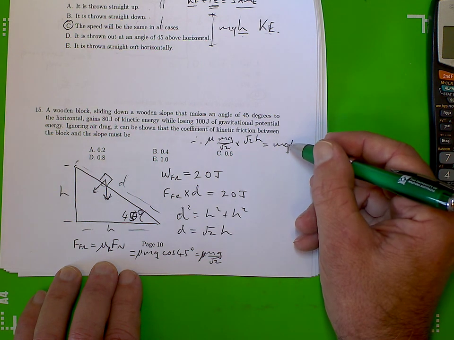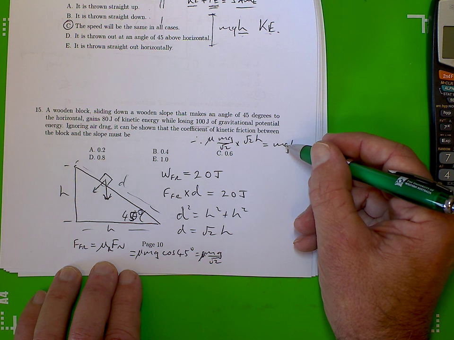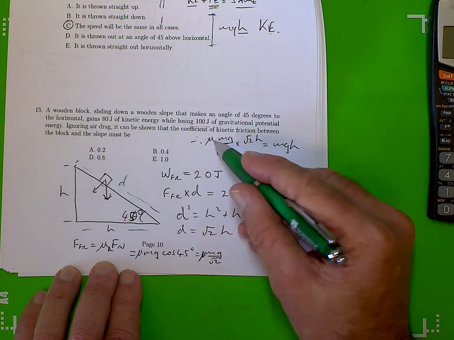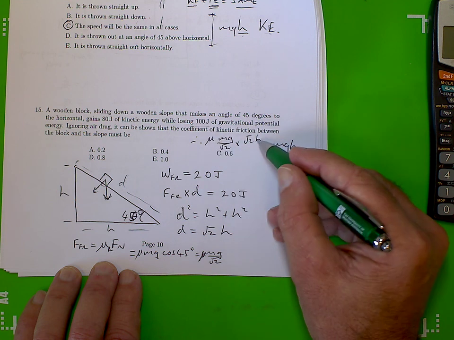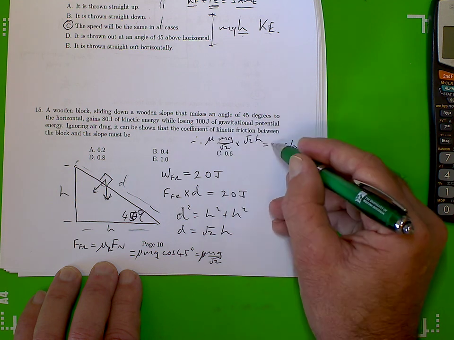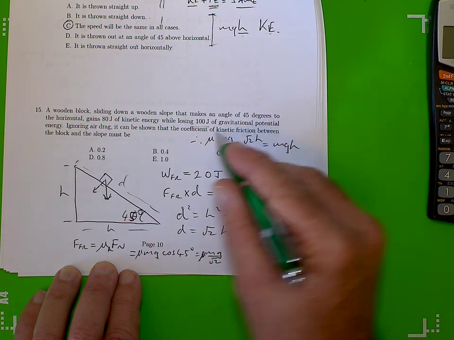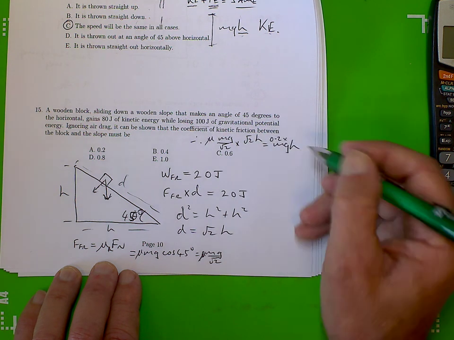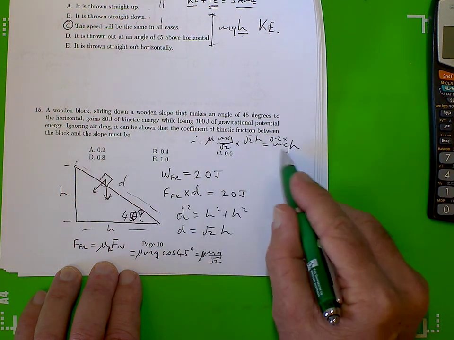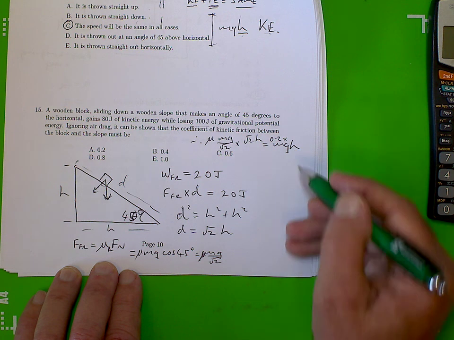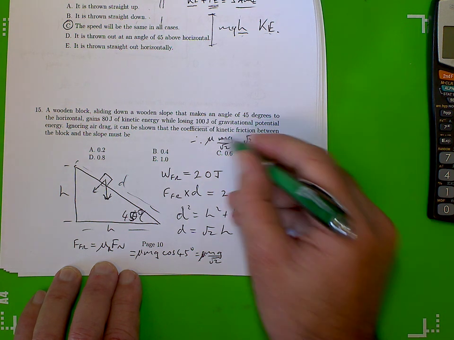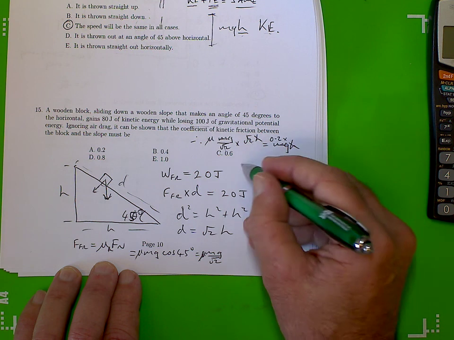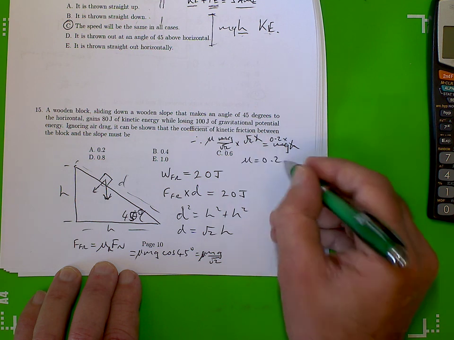This is the frictional force times distance, the frictional energy lost. It must be equal to 20% of the total gravitational energy lost. So the frictional energy lost is 20% of the gravitational potential energy lost. mg cancels out, h cancels out, root 2's cancel out, and we get mu equals 0.2.